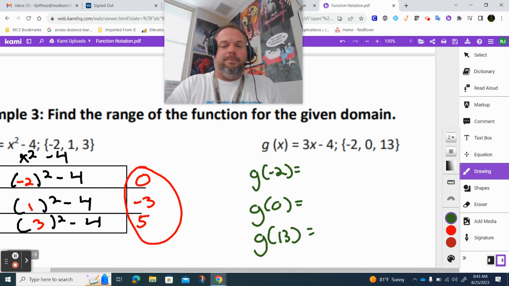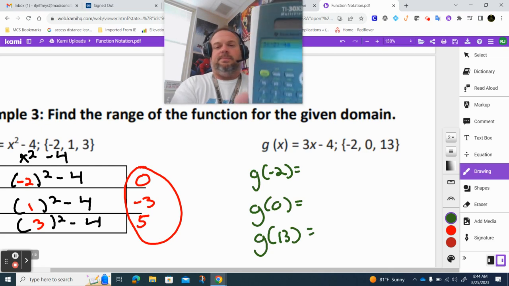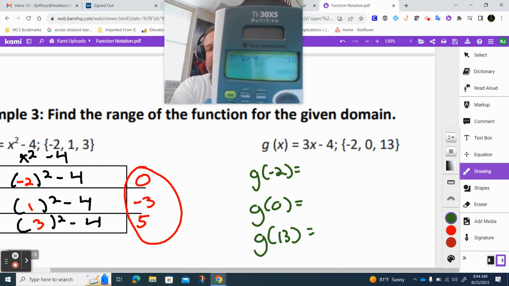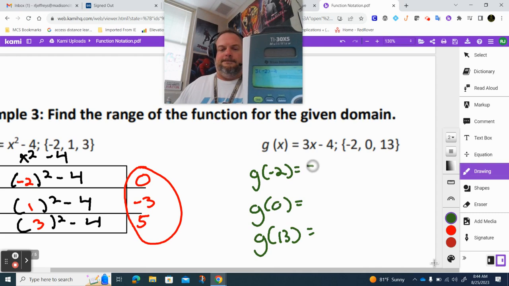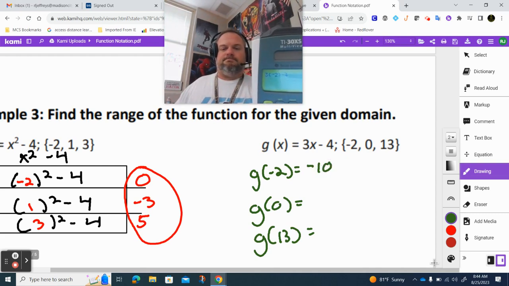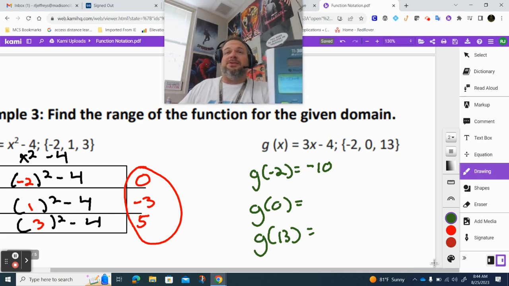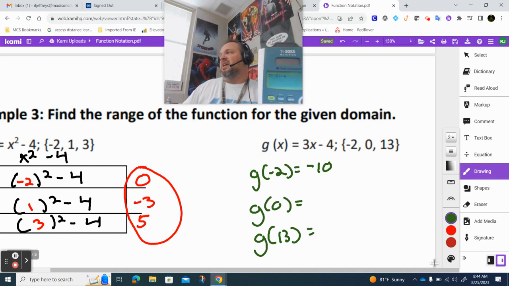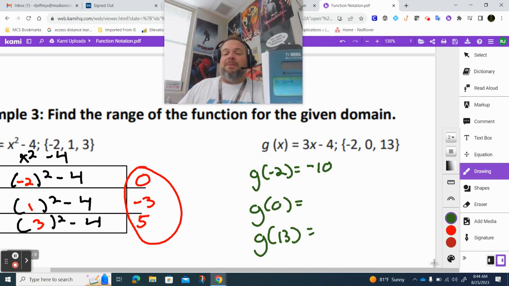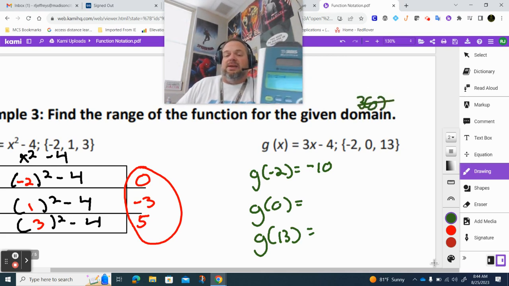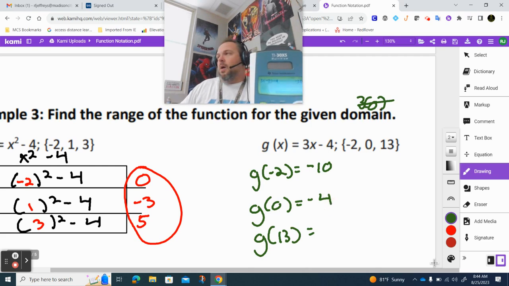So 3 parentheses negative 2 minus 4, negative 10. All right. 0. 0 is even easier. I know some of you are like, yeah, it's easy to get 0. You do nothing. All right. If I plug in 0 right here, that's 3 times 0. That goes away. I just get negative 4. Wow.